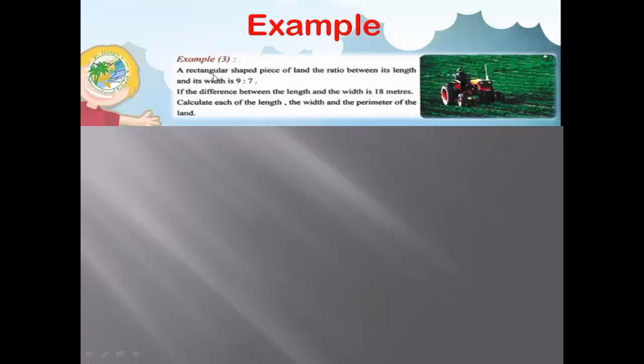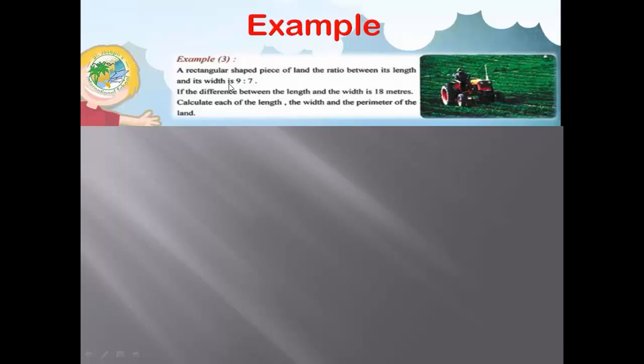Okay, another example. A rectangular piece of land, the ratio between its length and its width is 9 to 7. If the difference between the length and the width is 18, not the sum but the difference, calculate the length, the width, and the perimeter of the land.